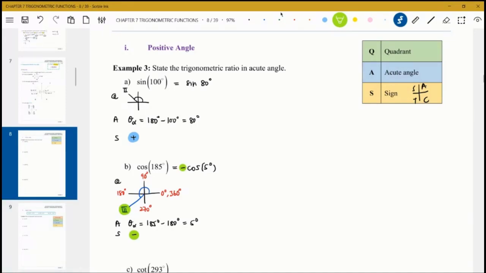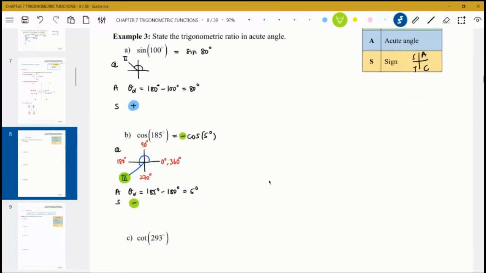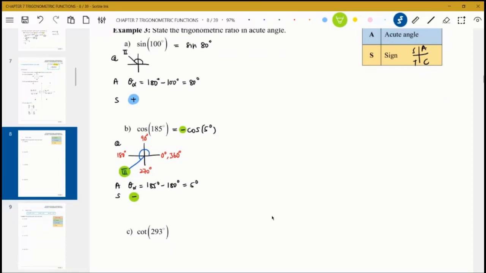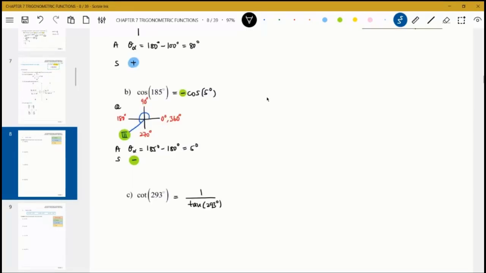Okay, we move to the next one adalah part C. Okay, kita tukar dulu dia jadi primary trigo. So dia adalah 1 over tangent 293 degree. So yang ini yang kita akan menggunakan CAST, QAS. So 293.